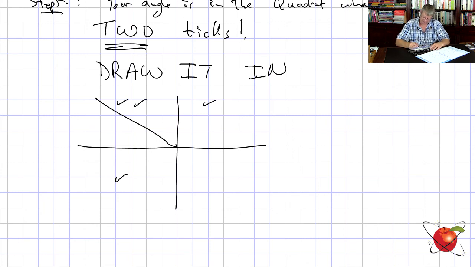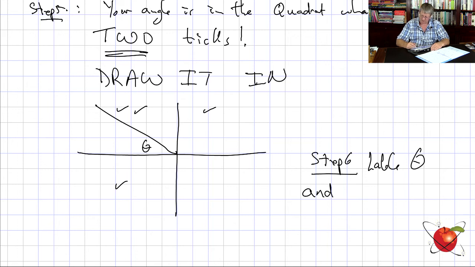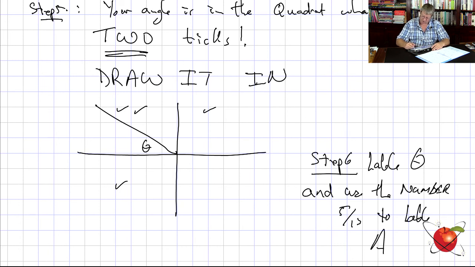I was going to carry on over here. Step 6 is now label theta. Label theta and use the number. Remember the number? In this case, 5/13 to label the triangle. Just a second. They want us to label the triangle.